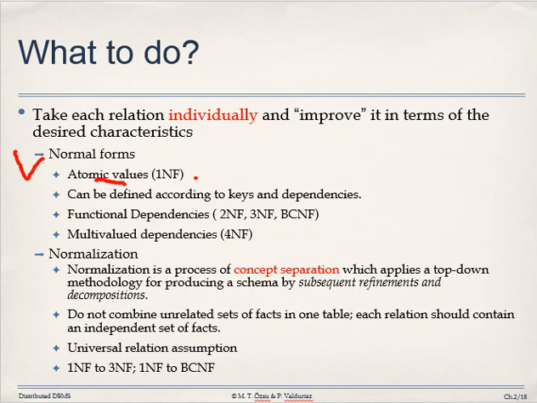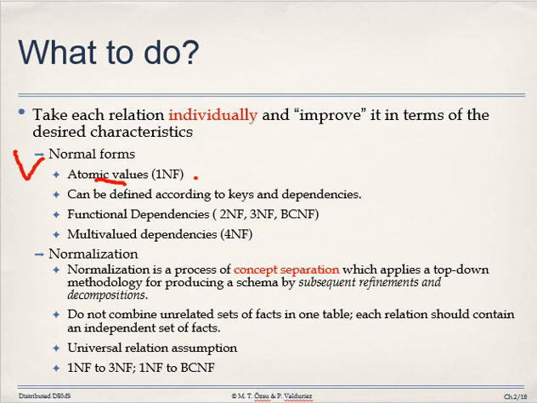Atomic value in the sense of, consider a case where we are storing information about a customer. A customer might have two mobile numbers, but suppose we have only one attribute for the mobile number. In that case we cannot store multiple values for that particular attribute.